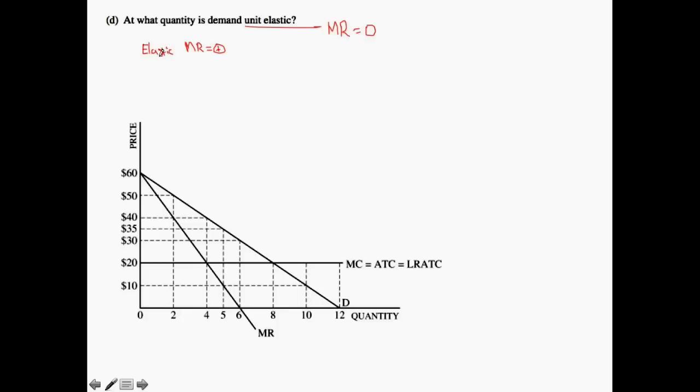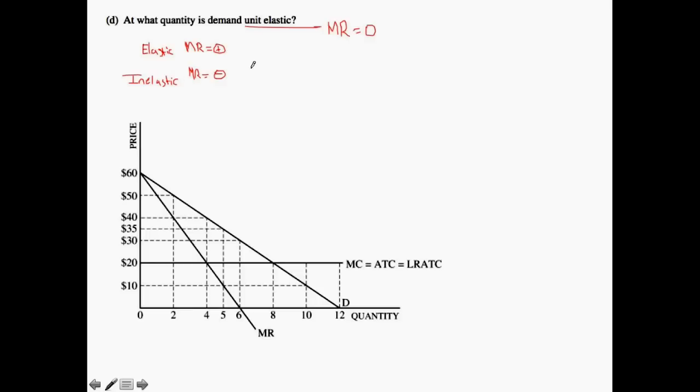And then alternatively, marginal revenue would be negative where it's inelastic, and the idea there would be that it's very difficult to switch over. So here we have inelastic.